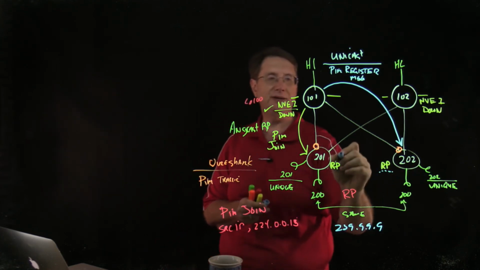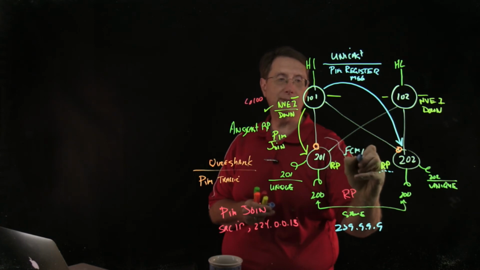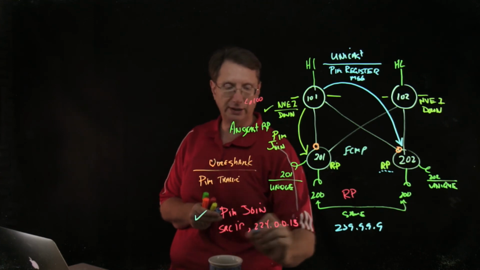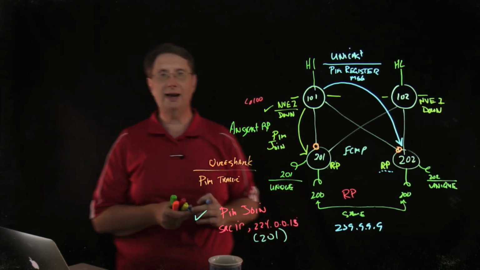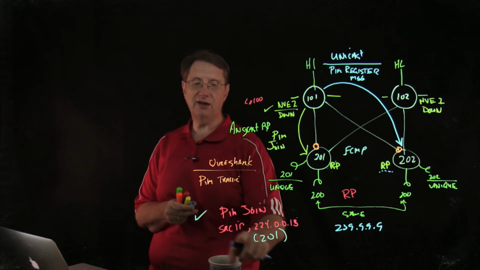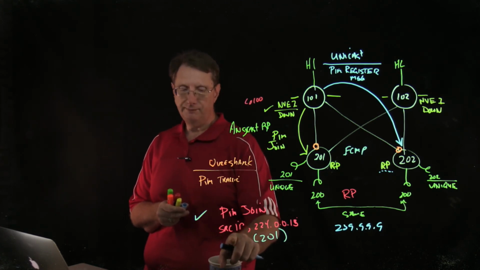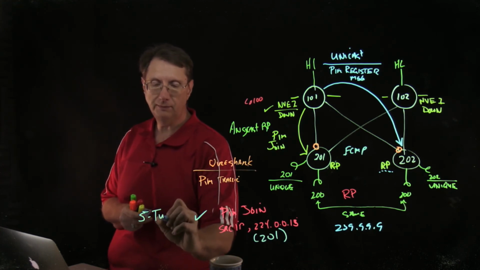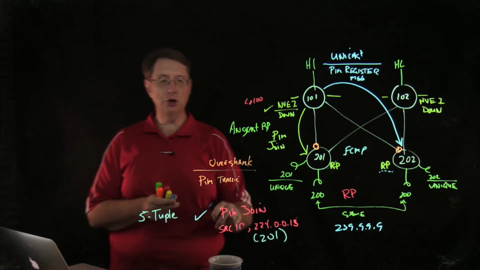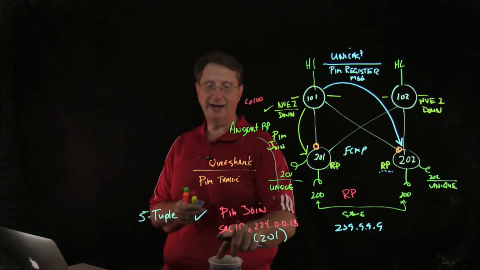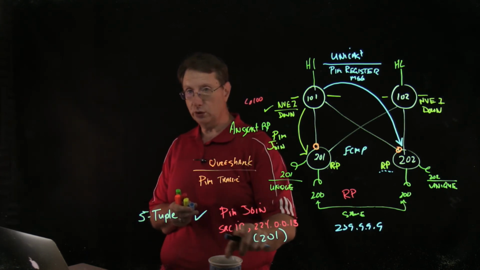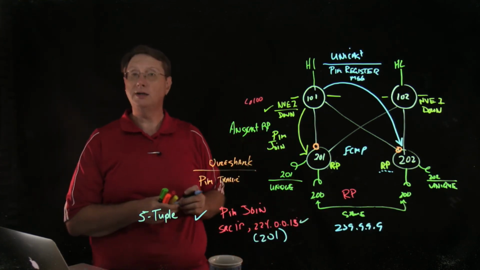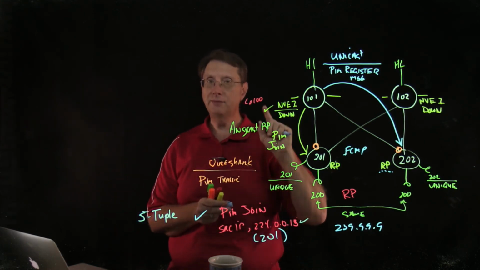Now remember, we talked about the benefit of equal cost multipathing. Since this join message that we saw actually went to spine 201 in our case, this is a different flow. Remember we talked about the 5-tuple? My source IP, my destination IP, my source port, my destination port, and my protocol, which is going to be 224.0.0.13, constitutes one flow.